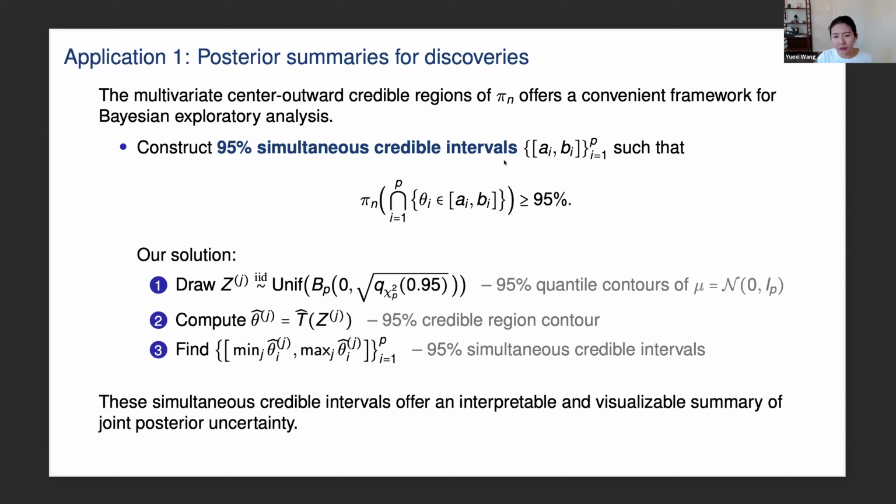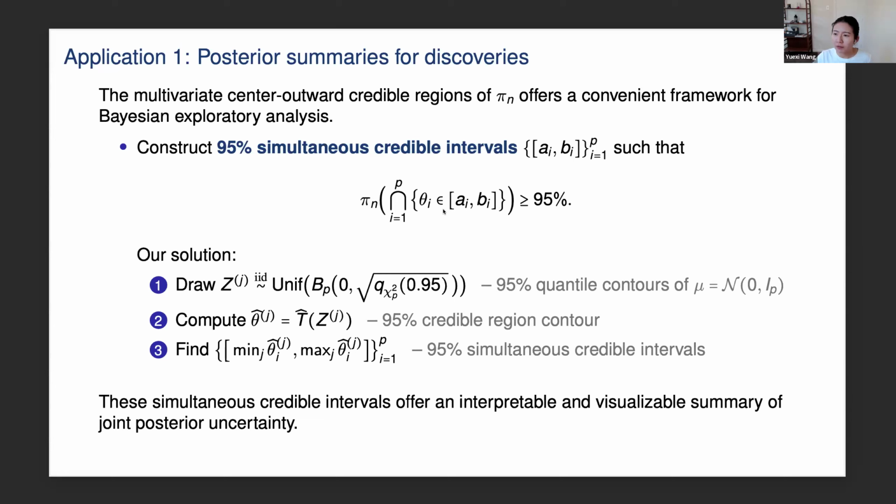And these intervals will give me a joint probability that each coordinate of theta falls into its interval, and the joint probability of these events should be greater than 95%. This is different from the marginal credible intervals. This is what people usually use if you want to control the family-wise error rate, to minimize the chance of making at least one error.